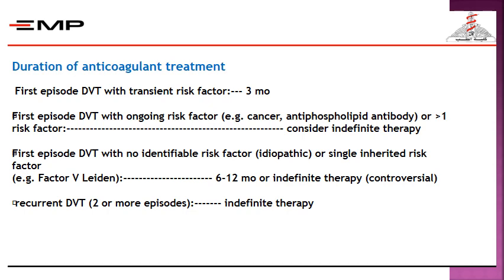So if a patient is found to have factor V Leiden, resistance to activated protein C, and has DVT now, you have to anticoagulate him from 6 to 12 months. In some centers, they give him indefinite, lifelong anticoagulation even after the first episode.